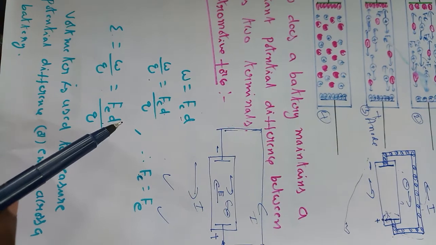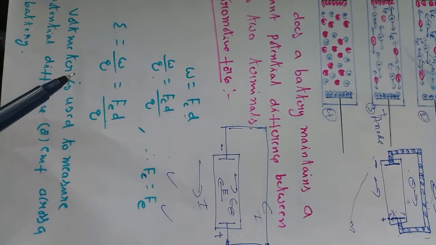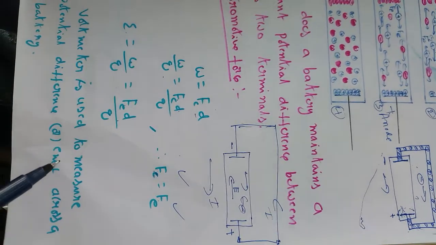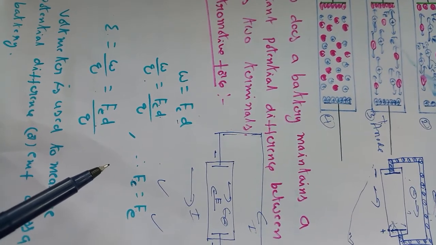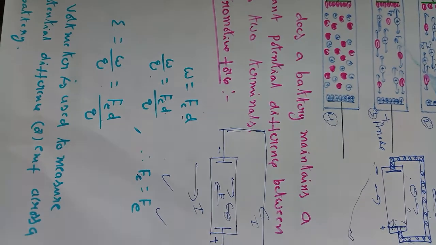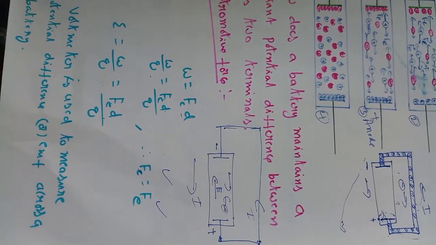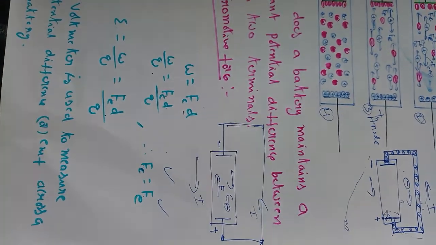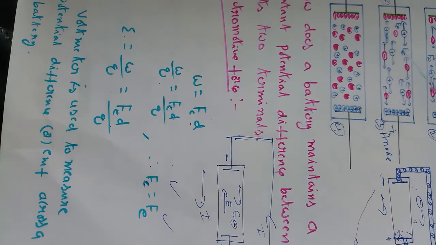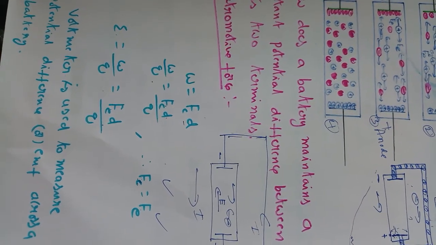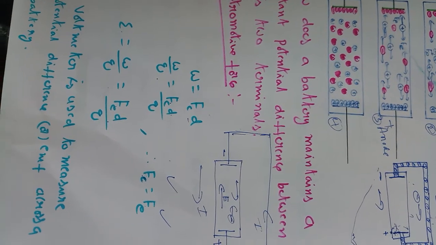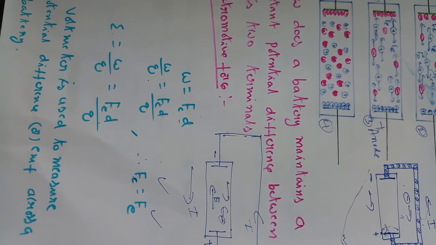We use a voltmeter to measure the potential difference or EMF across a battery, so we need a device called a voltmeter. See here, EMF and potential difference both seem the same, but they have some differences.